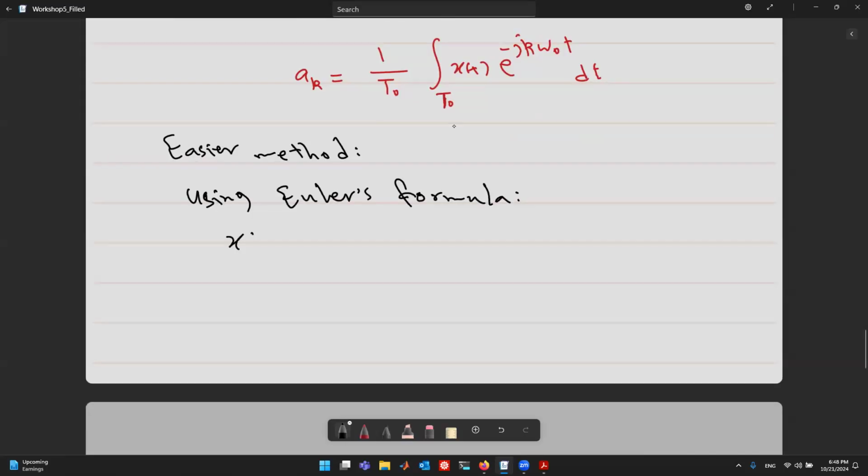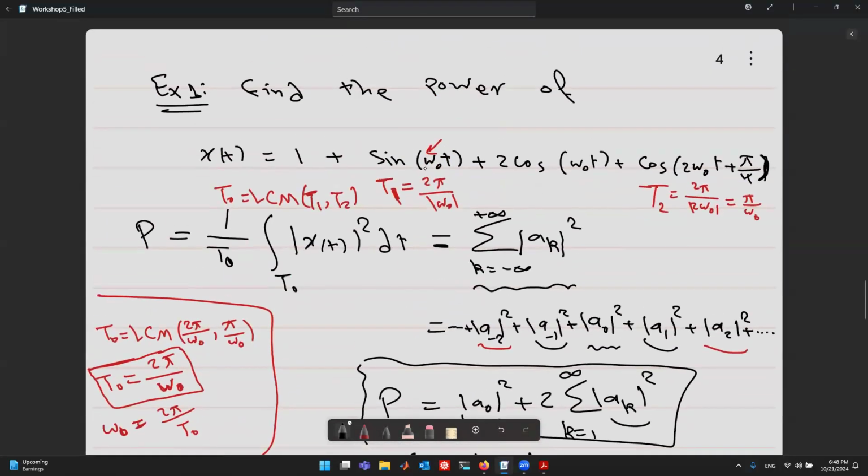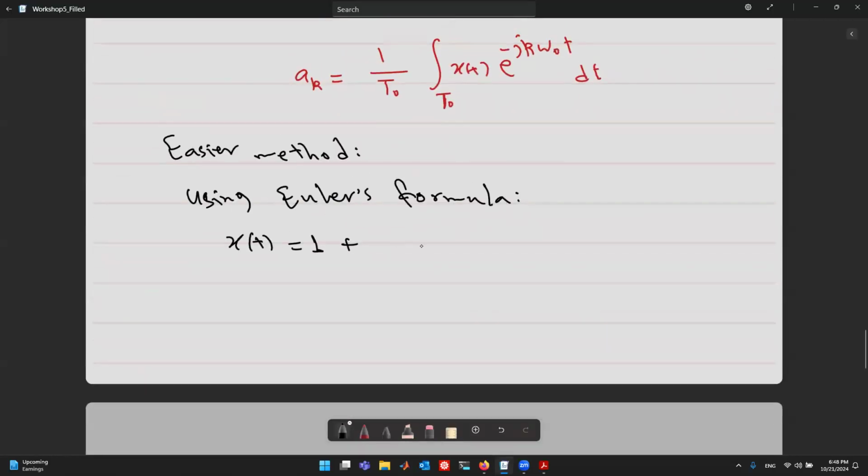The signal will be rewritten this way: 1 plus the first term, sine omega naught t. Sine omega naught t can be written as 1 over 2j times e to the j omega naught t minus e to the minus j omega naught t, right?